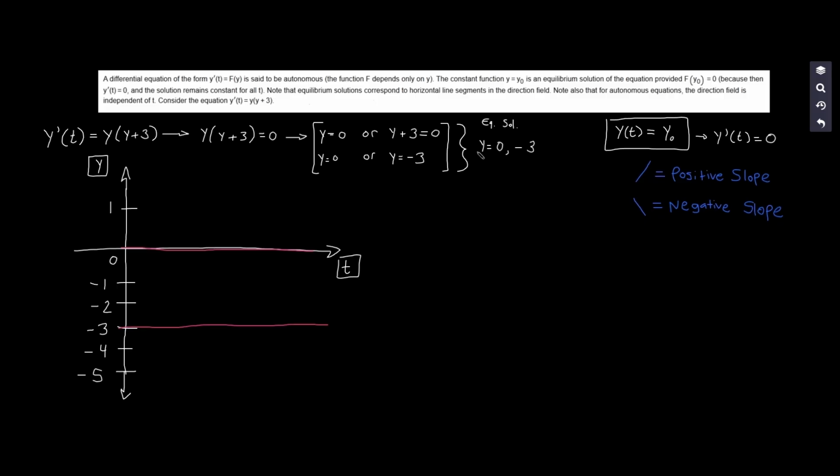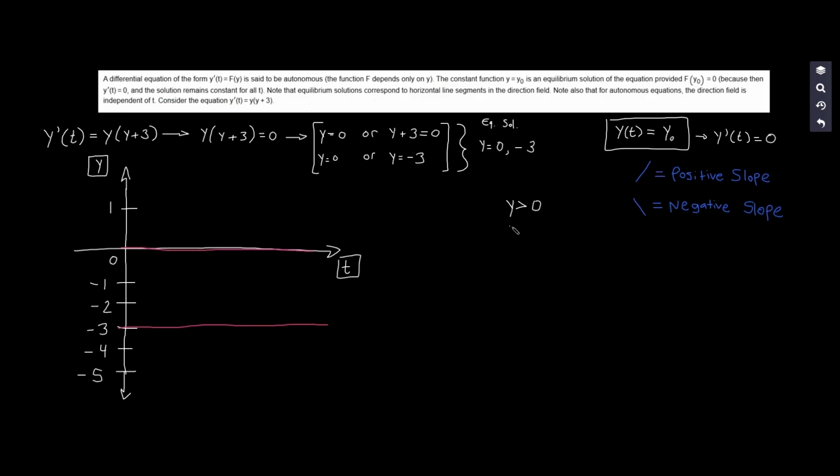So our first equilibrium point is y equals 0. And we want to find what the direction field is going to look like in this partition, the upper sector. So we need to start plugging in numbers into this equation that are greater than 0.